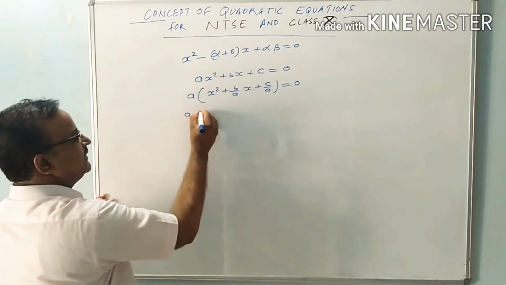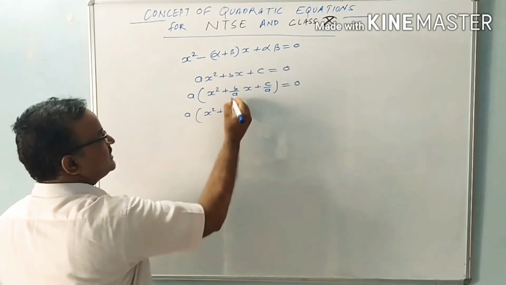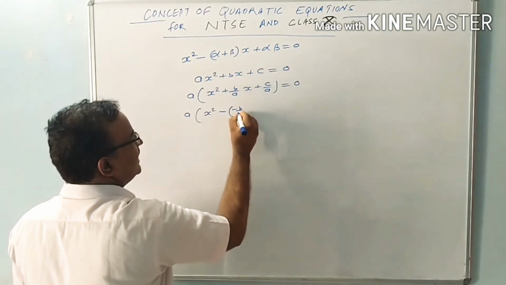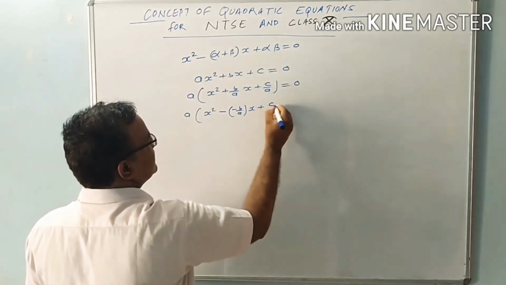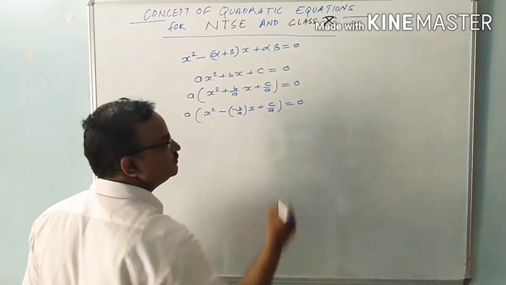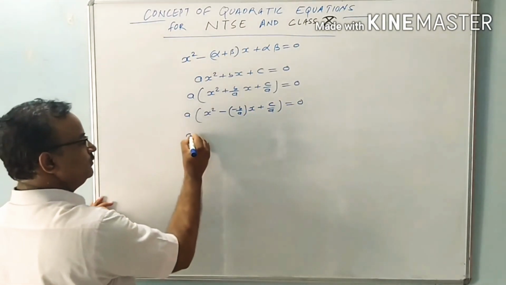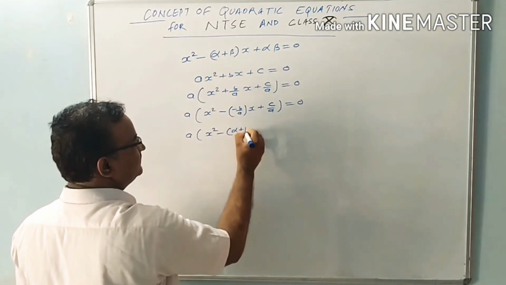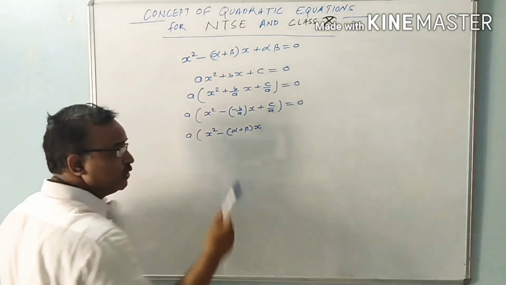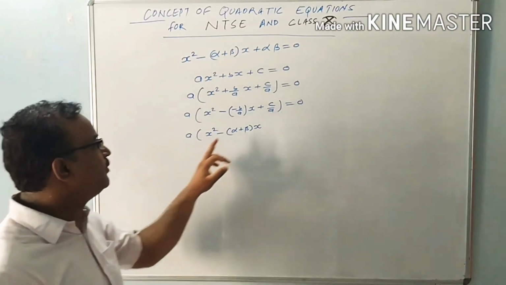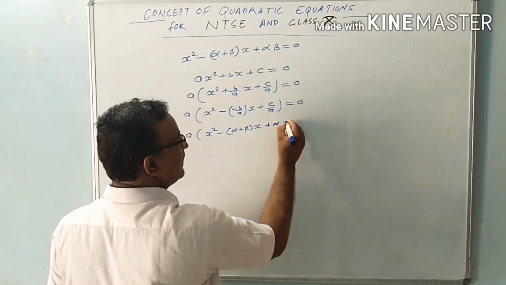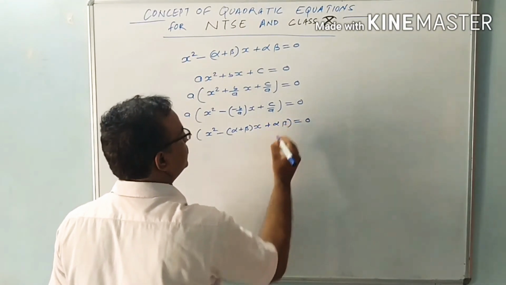And now this b by a can be written as minus (minus b by a) into x plus c by a equal to 0. So x square minus (alpha plus beta, that means the sum of the roots) into x plus alpha beta is equal to 0.